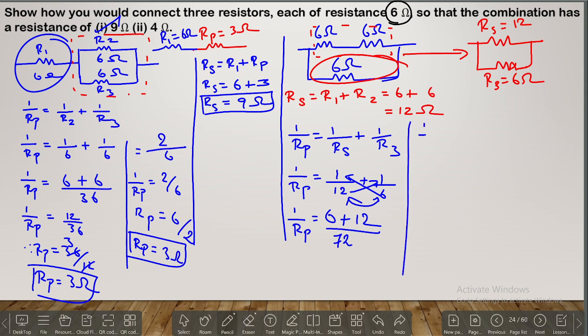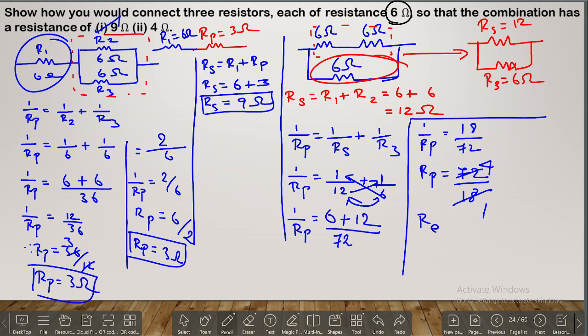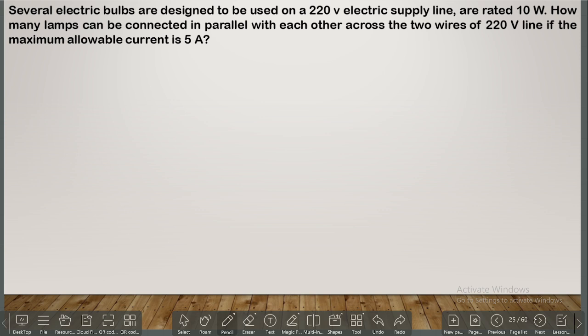So now 1 by Rp is equal to 6 plus 12, which is 18 by 72. Therefore Rp is equal to 72 by 18. If I simplify these two numbers, 18 fours are 72. So the net resistance is 4 ohm. Second question also we got. Next, the third one. We'll come to this question at last after completing the concept called power.